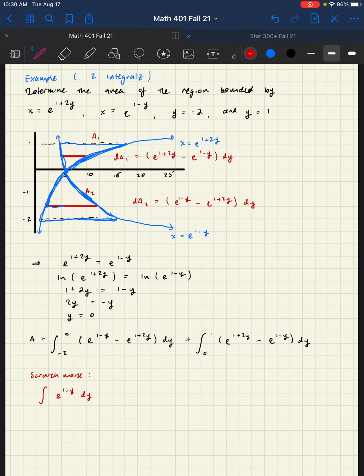First of all, what's the integral of e to the 1 minus y dy?